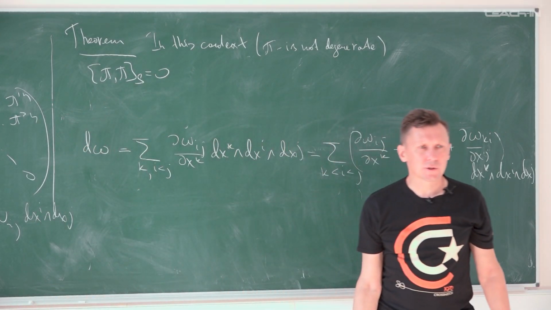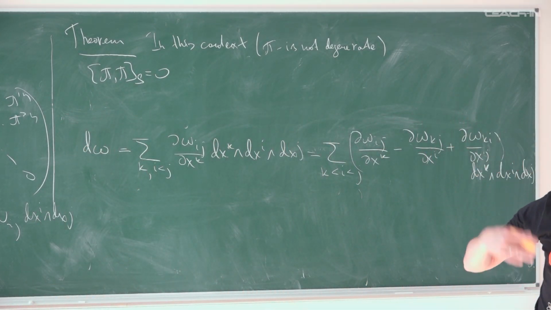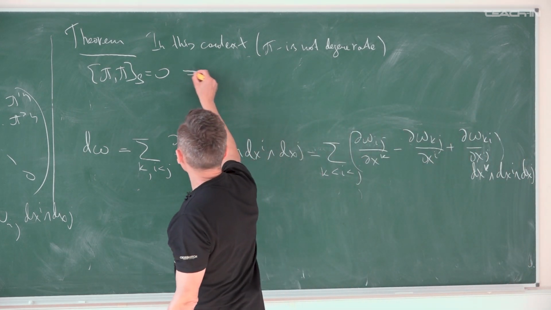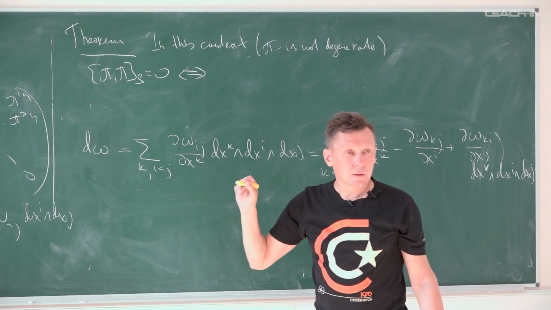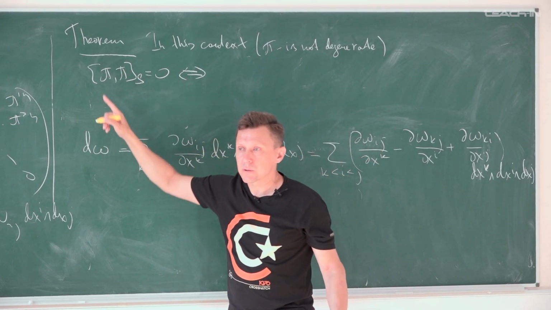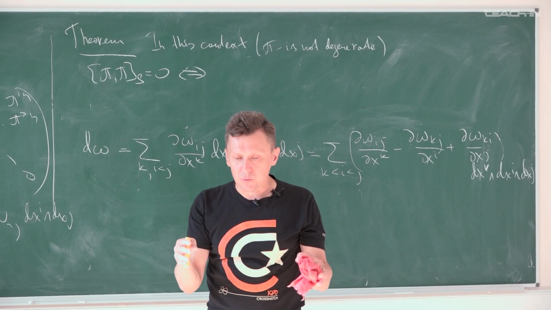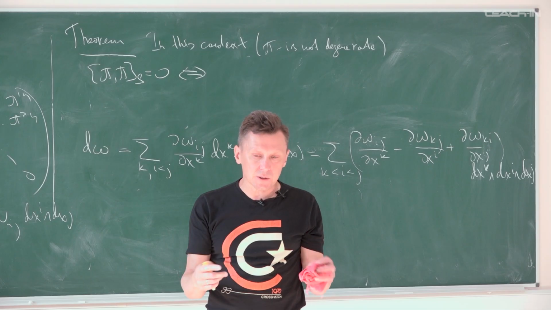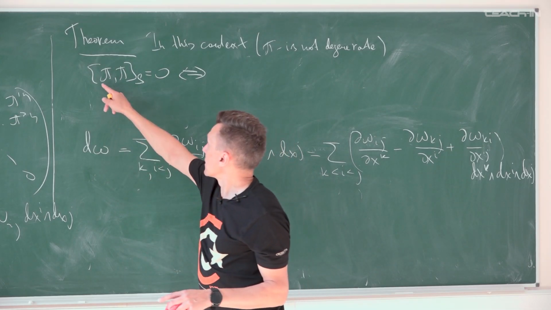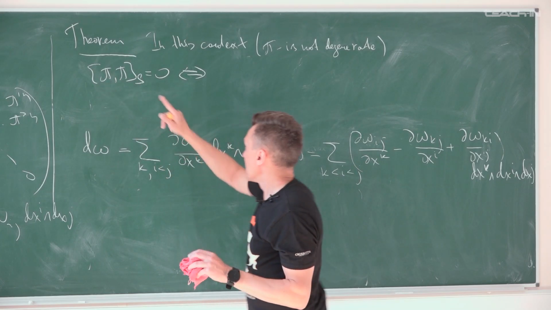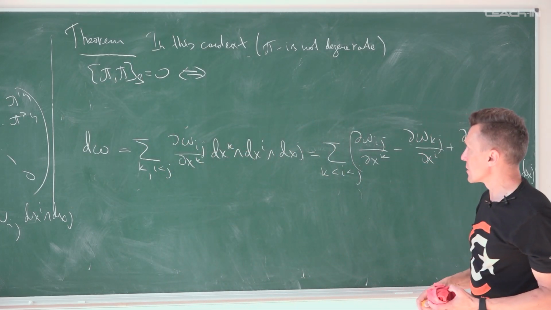This condition guarantees that the Jacobi identity is fulfilled. What does this bracket mean? The Schouten bracket. You remember that the condition for the Poisson bivector to satisfy the Jacobi identity is equivalent to some bracket of pi with itself, which is not trivial, but exactly it guarantees the Jacobi identity.